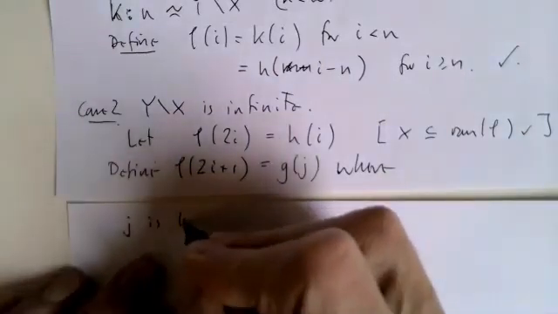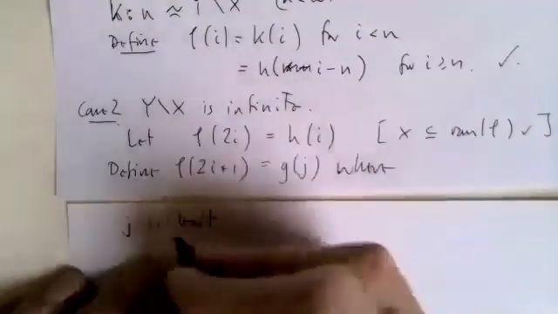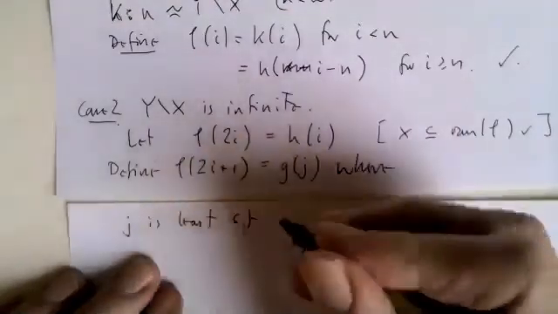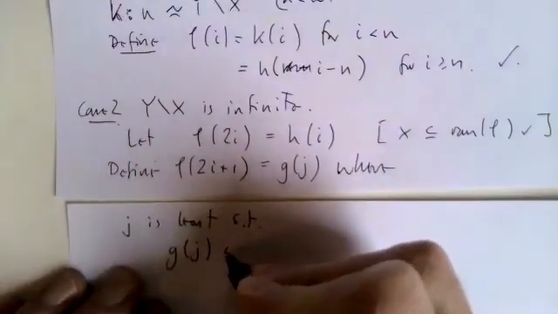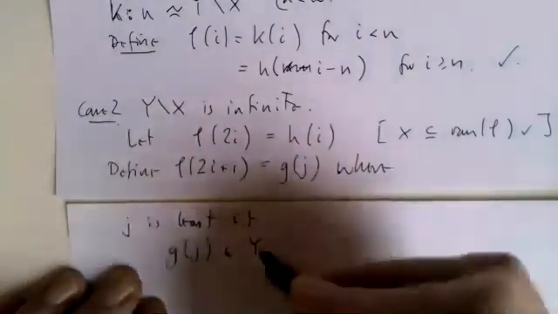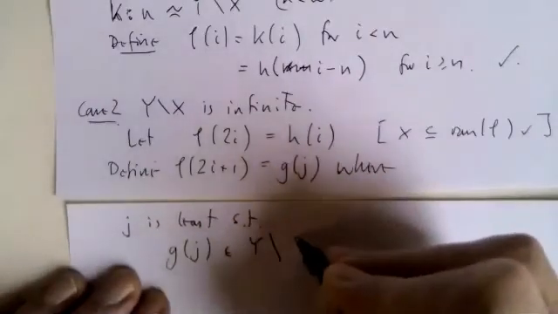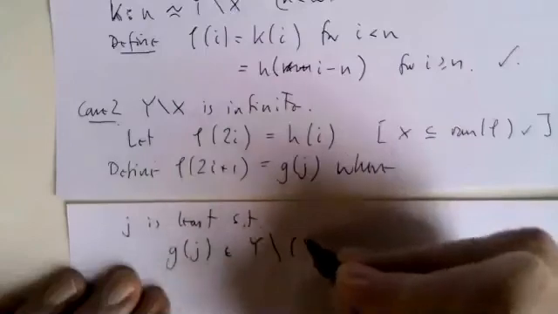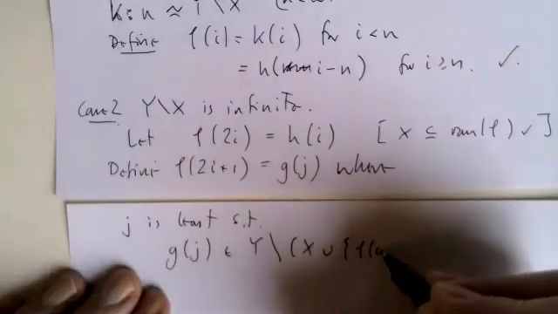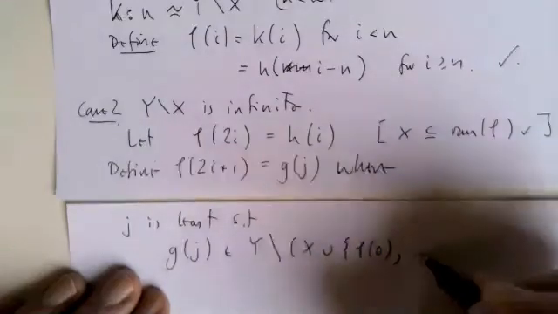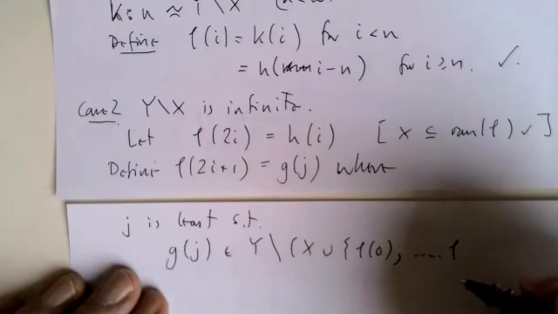So I just pick the least thing that hasn't been mentioned so far. Where J is least, so that G of J is in Y, and it's not one of the things we've mentioned so far. It's not in X or any of L of 0 up to L of 2i.